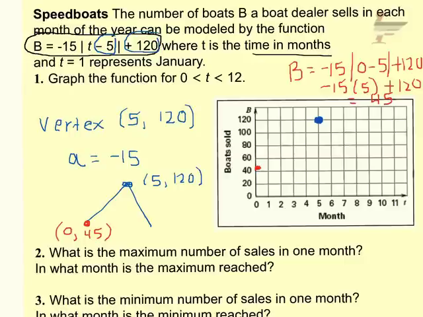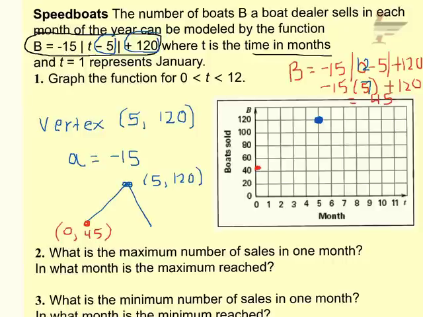And then maybe I'll go to the extreme of the 12th month. So I'm just going to take this 0 over here and overwrite it using a different color. I'm going to change 0 to 12. And 12 minus 5 is 7, and the absolute value of that is still 7.